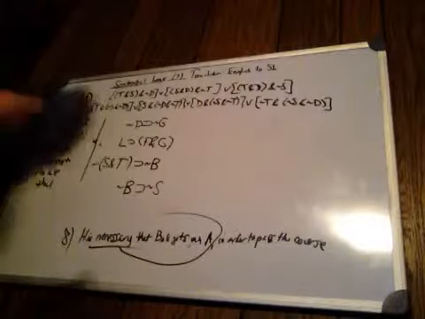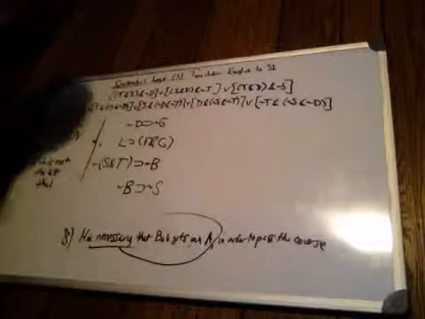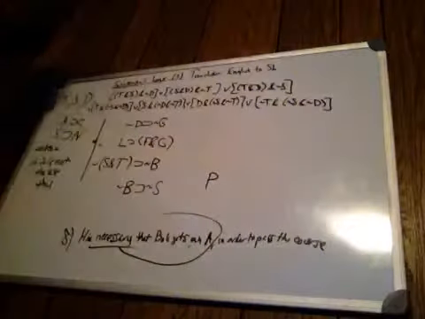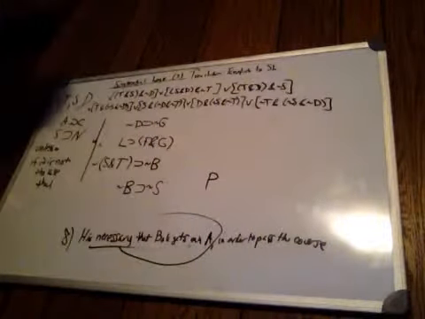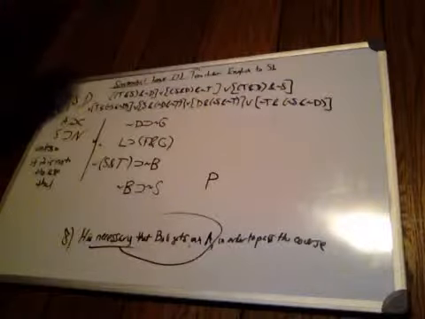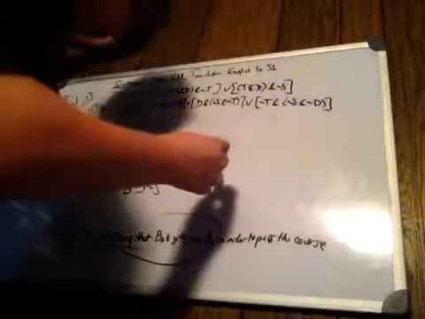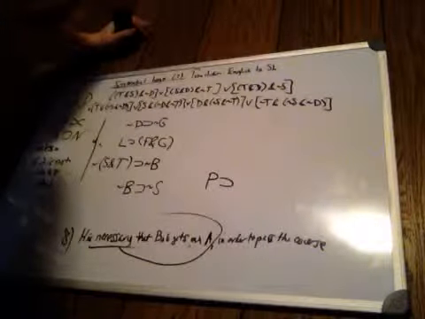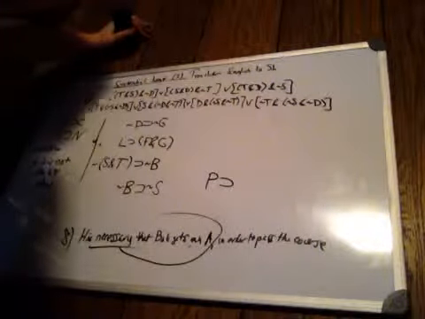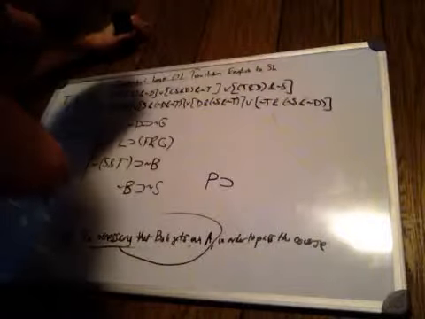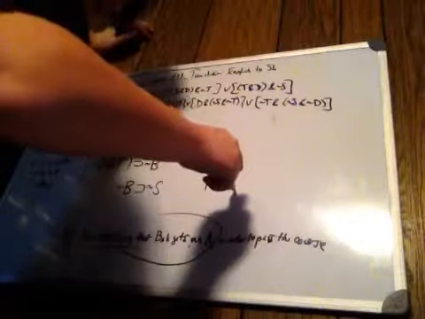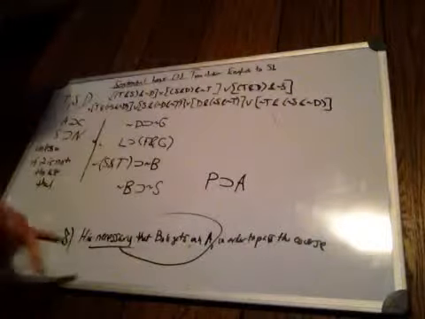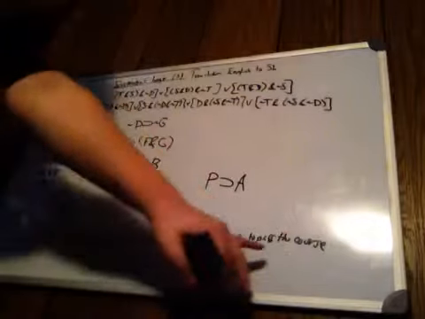So it is necessary that Bob gets an A. So I'm going to designate the letter P to mean that Bob passes the course. And then we know it's a horseshoe. And I'll designate A for Bob gets an A. It is necessary that Bob gets an A in order to pass the course.